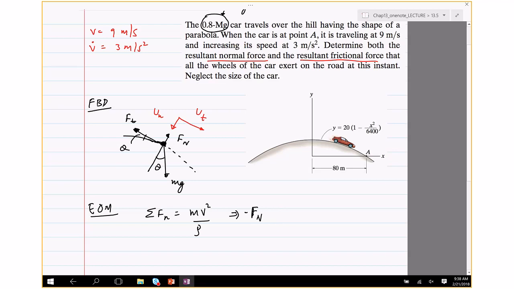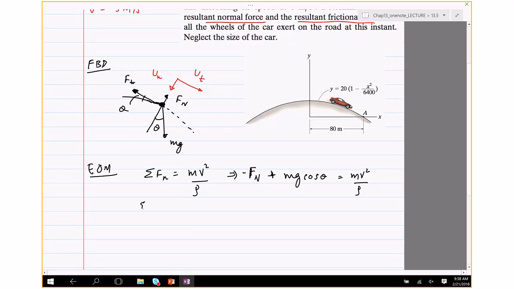Ft is clearly not going to be in the n direction, it's tangential. So we've got to resolve mg. Mg cosine theta is along the un direction, so that's positive. Equals mv squared divided by rho.